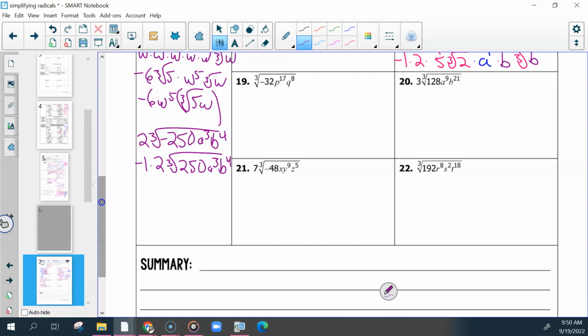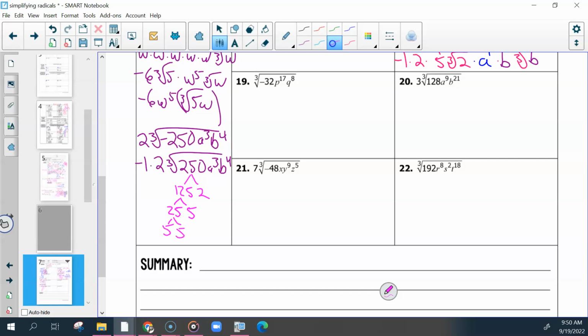Give me 2 factors of 250. 125. Give me 2 factors of 125. 5 and 5 for 25.